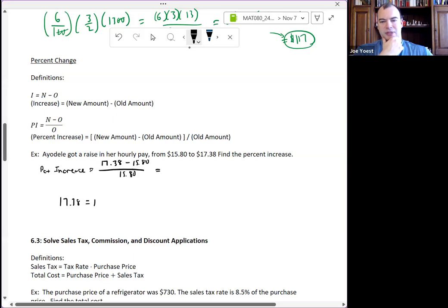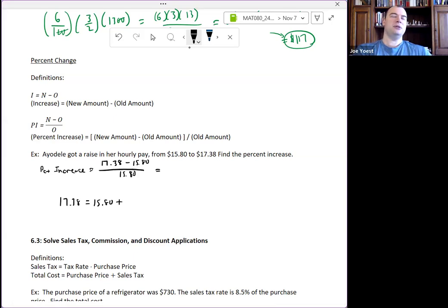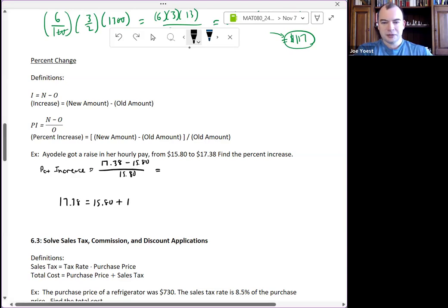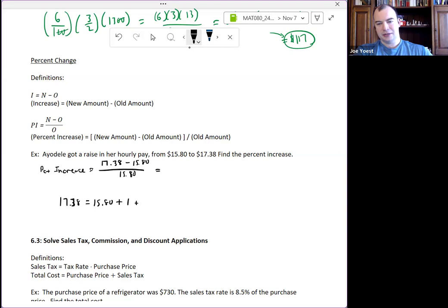17.38 is, well, that would be $15.80 plus. If I added a whole dollar, that would bring me to 16.80. I can't add another whole dollar. 17.80 would be too much. So I could add 20 cents to take me to $17 and then add another 38 cents, right?